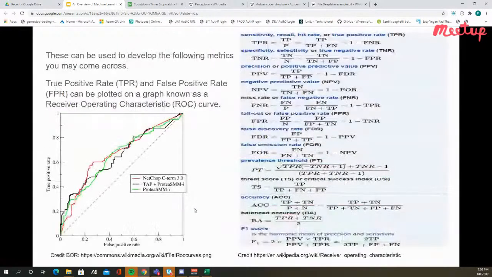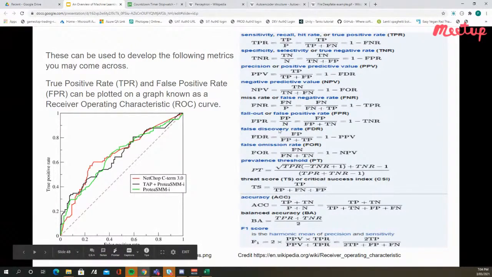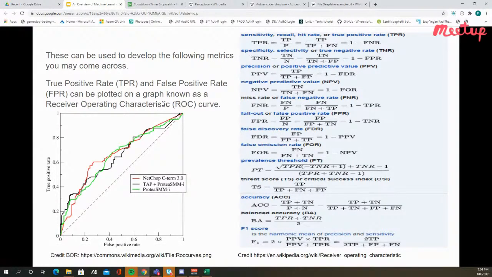So how is this used? You can use these to create a series of metrics that data scientists use for different reasons, but the most prominent ones are the true positive rate and the false positive rate, and you can plot these on a graph called the receiver operating characteristic curve, or a ROC curve.